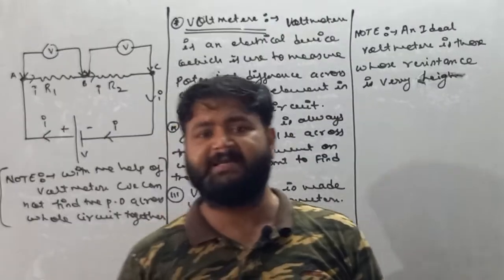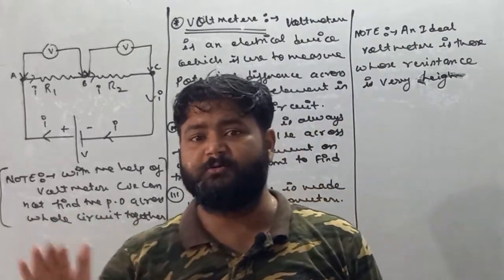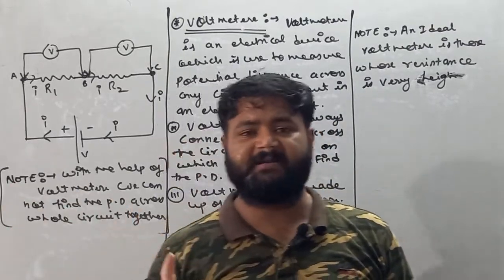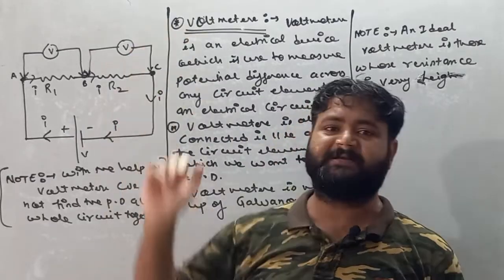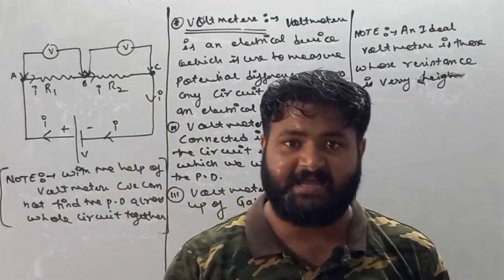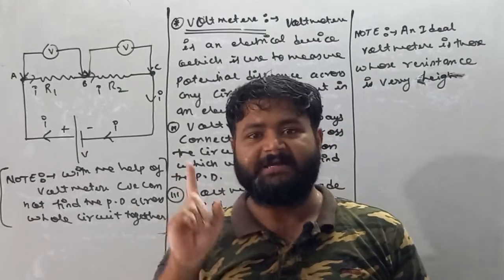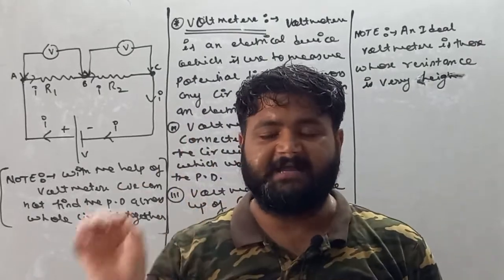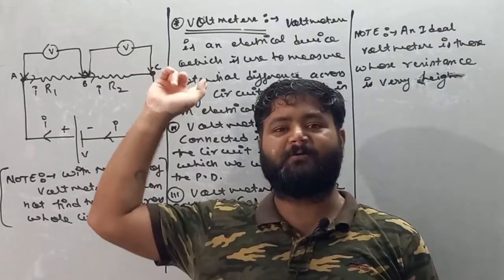Now very important next point is a good current measuring device is one whose resistance is less. Similarly, if I am talking about potential measuring device, which is voltmeter, a good voltmeter is one whose resistance is high. Now see my dear student, as in last class I told you, galvanometer carries its own very high resistance and we are talking about voltmeter.